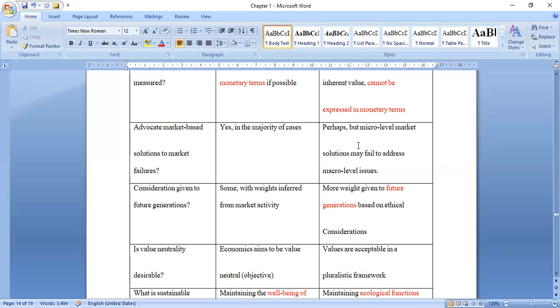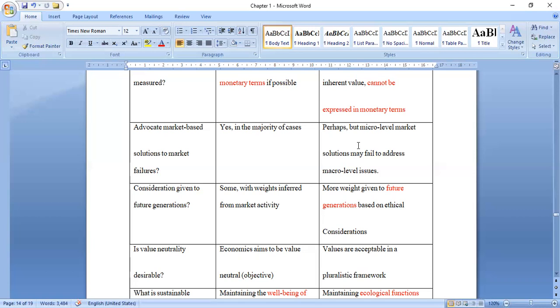The ecological economists do not oppose market-based solutions, but they say that much as these solutions may solve the negative externalities, they may also fail. Like we shall see later on, as the government comes in to solve negative externalities like pollution, in its capacity as government, it can fail. Are we together?